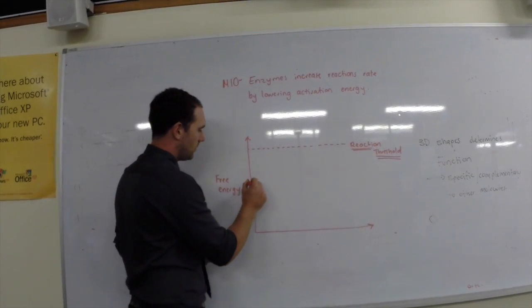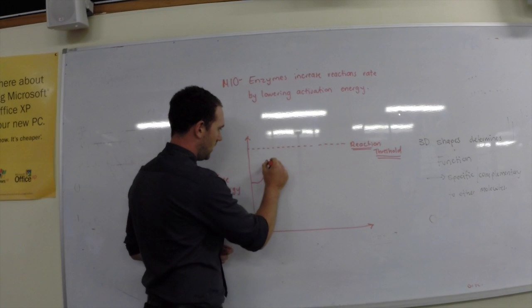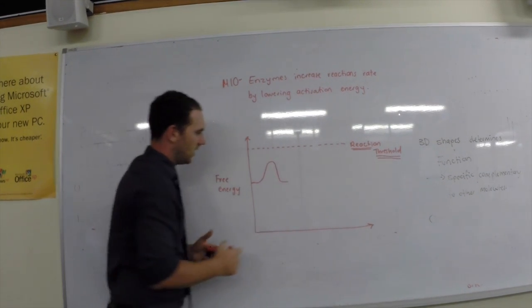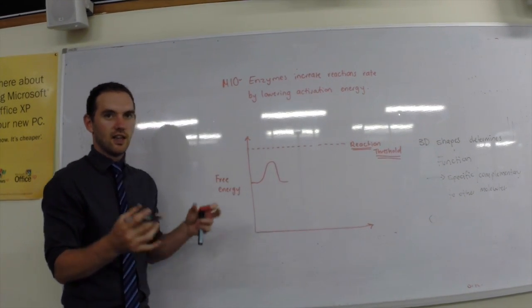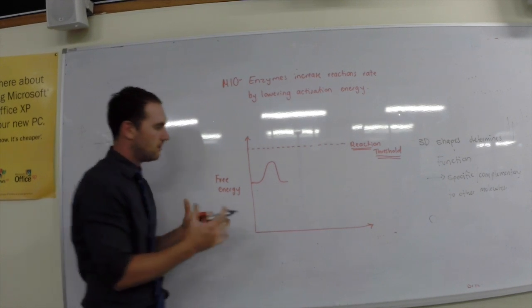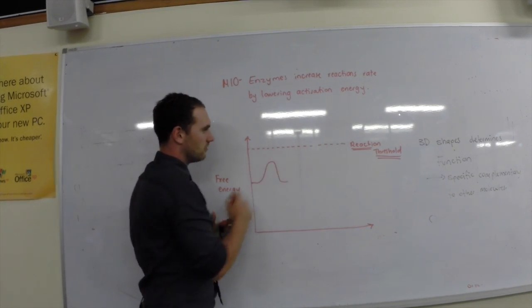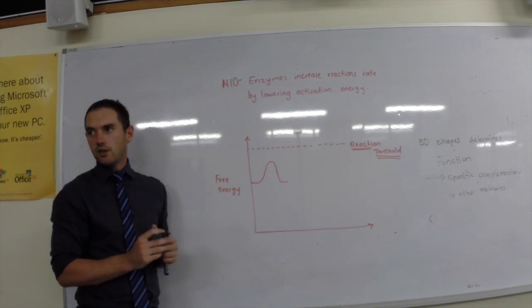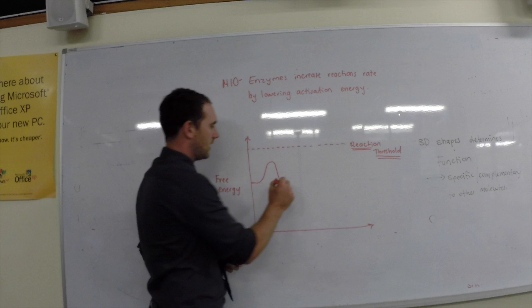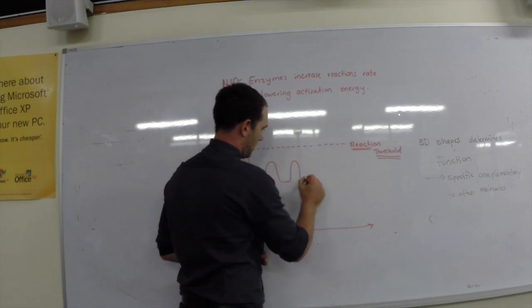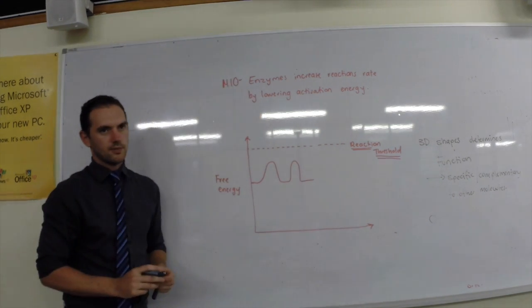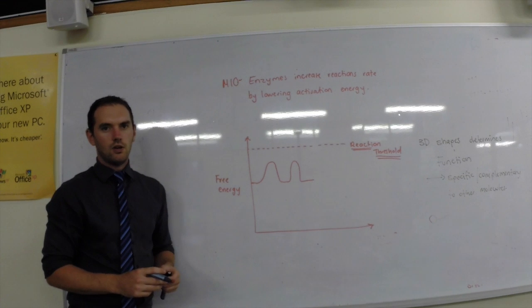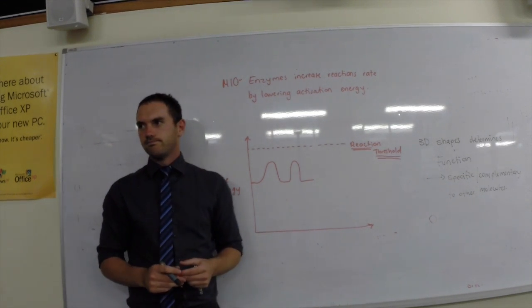So what might happen is we might have a collision between A and B. We get an initial bit of energy as they collide, the energies combine, but we can't reach our reaction threshold. Therefore we get no reaction. Okay, again they collide, again no reaction. So what's the role that enzymes play?